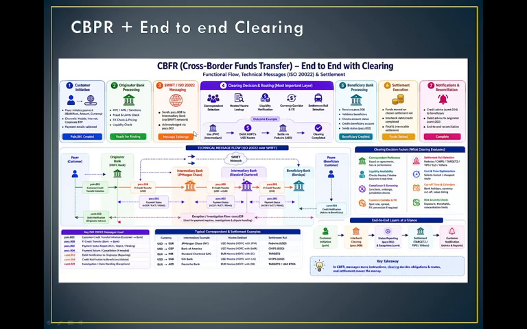Now see here, when we are sending a payment, it's not necessary that the two banks have a relation with each other. If you don't have a relation, then we involve one more system here, which is called the correspondent banking system, right? Correspondent banking means two new banks are involved here who have a relation with the debtor and creditor. So the next concept is correspondent relay selection, Nostro and Vostro lookup.